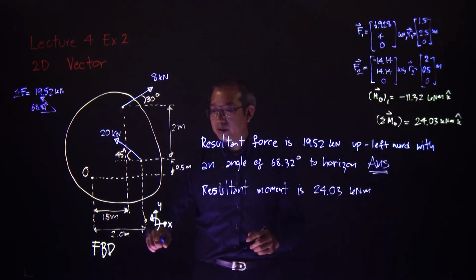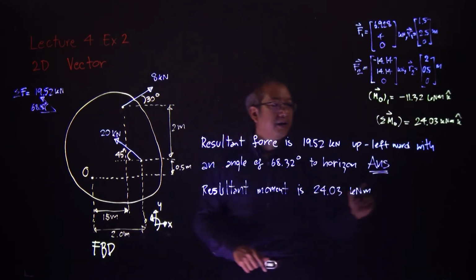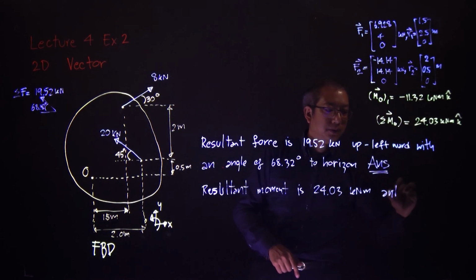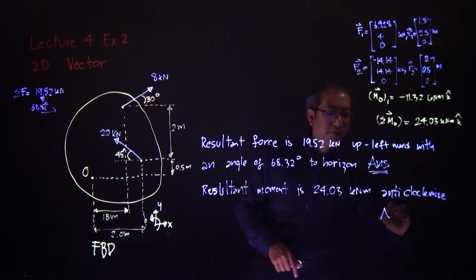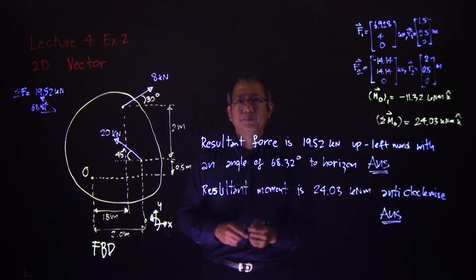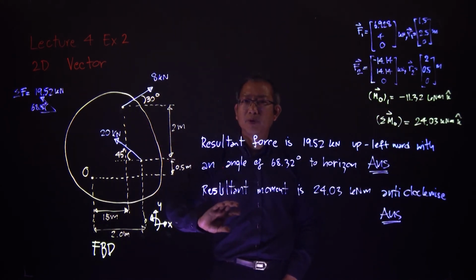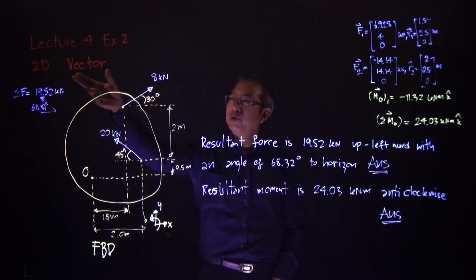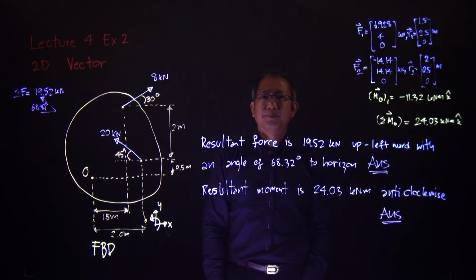Positive actually means we assume the correct direction for resultant moment, which is anti-clockwise. And then that will be our answer. And this is how we solve for resultant force and resultant moment for this question using vector analysis. And that is done. Thank you.